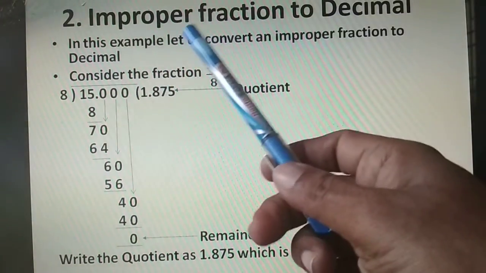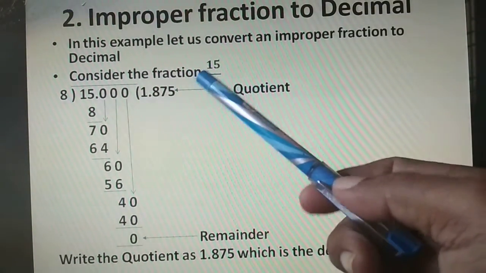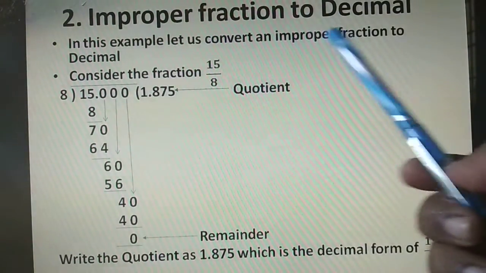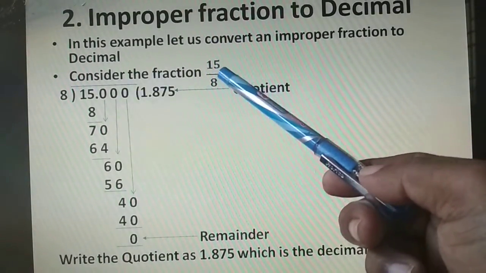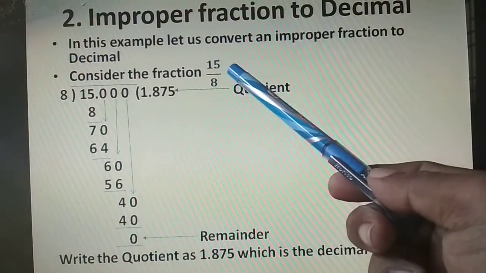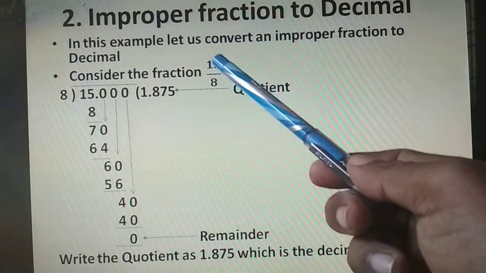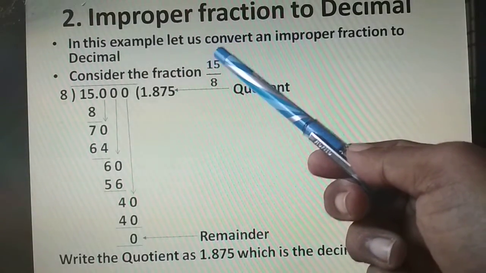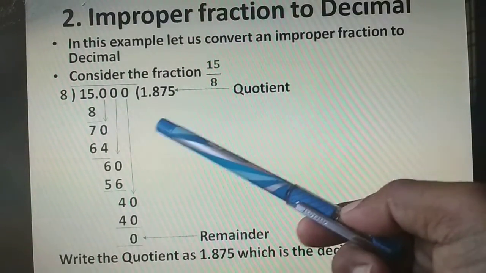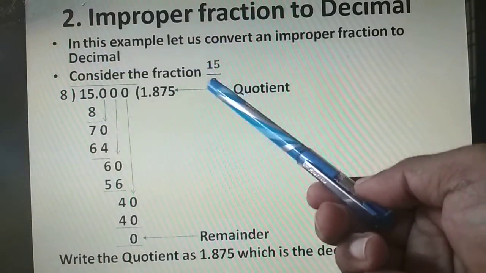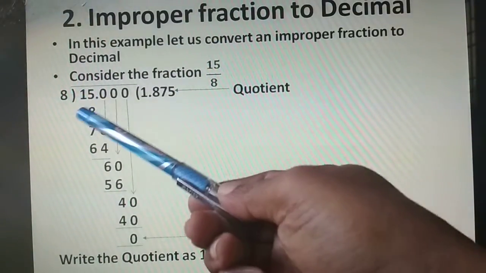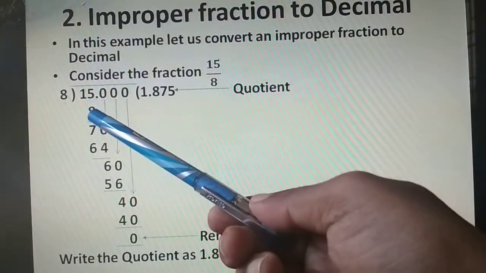Now let us take an improper fraction to decimal. In this example, let us consider the fraction 15 by 8. This is an improper fraction because the numerator is greater than the denominator. We have to divide the numerator by the denominator. So 15 is divided by 8.